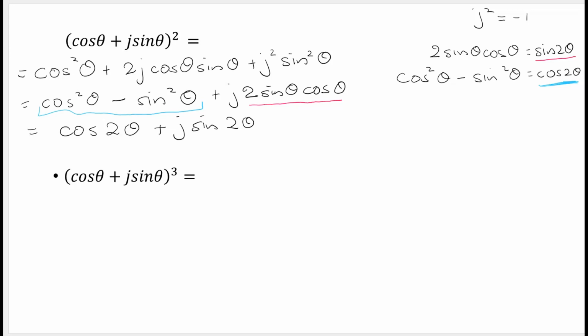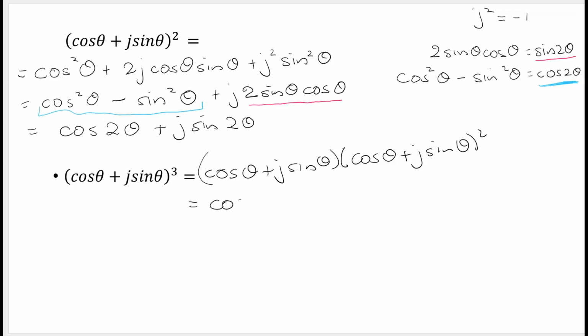Let's do the same for cos theta plus j sine theta cubed. Now, I don't need to do it from the start because I've already got that this is equal to cos theta plus j sine theta times cos theta plus j sine theta squared. And I already know what that last bracket squared is.